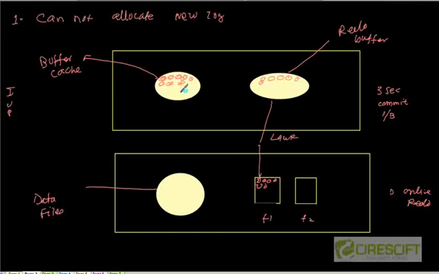So a lot of transactions are going on, the buffer cache is modified, the redo buffer is created, and LGWR is writing to these files. Eventually this file f1 is going to be filled.